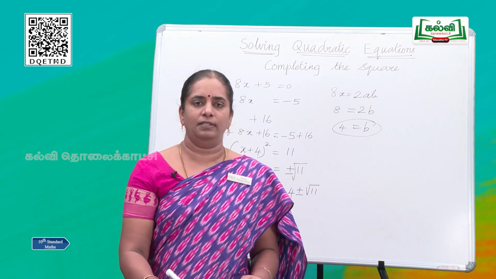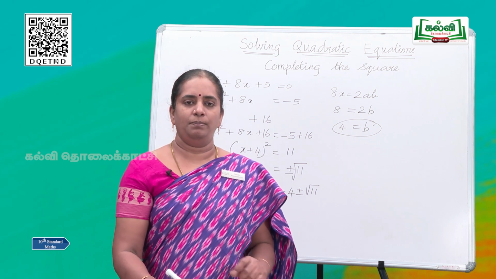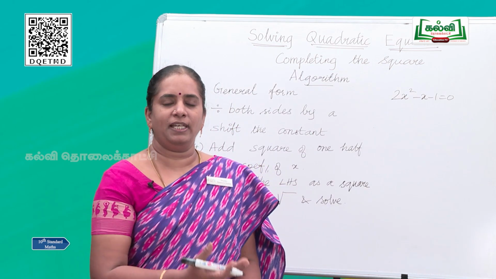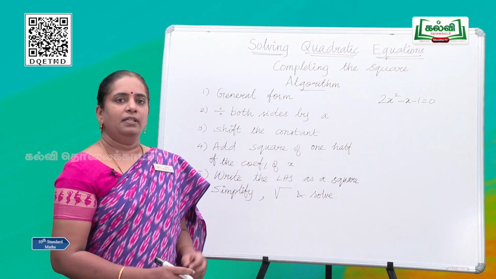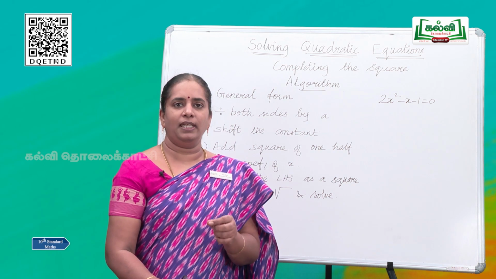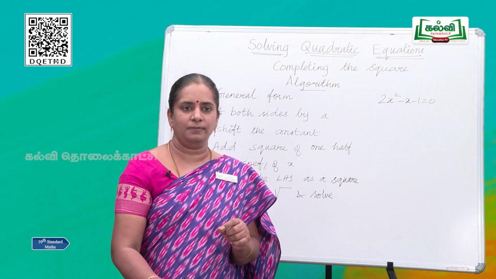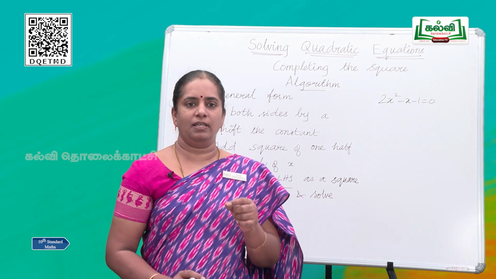Now, we are going to learn the procedure, that is, learn the algorithm steps in the completing the square method. Now, we are going to see the algorithm. Simultaneously, we are going to proceed with the sum. See the first step of the algorithm: write the equation in the general form. What is the general form of the quadratic equation? Yes, ax square plus bx plus c is equal to 0.